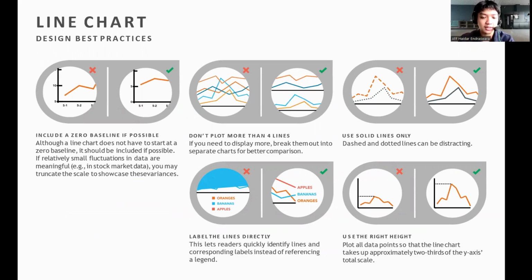Then label the lines directly, rather than using colors in this case, but you can see they use labels on the line itself, making the lines quicker to identify. And then use the right height of the chart to make sure that the space is used and the proportion of the line and the trend is clearly seen.